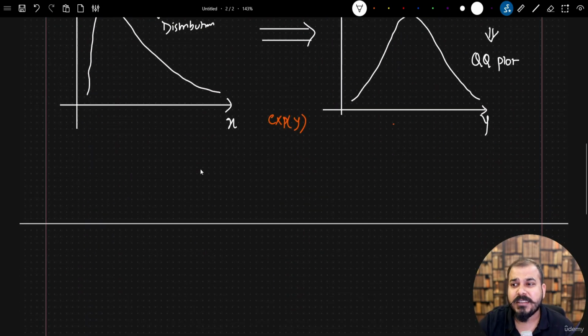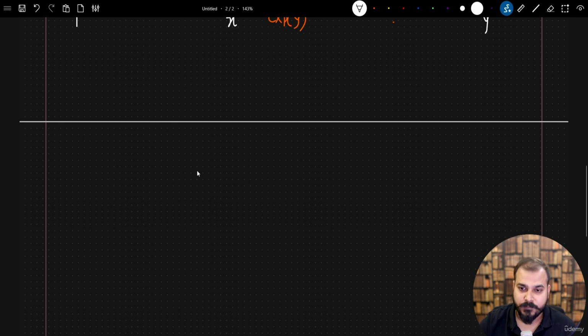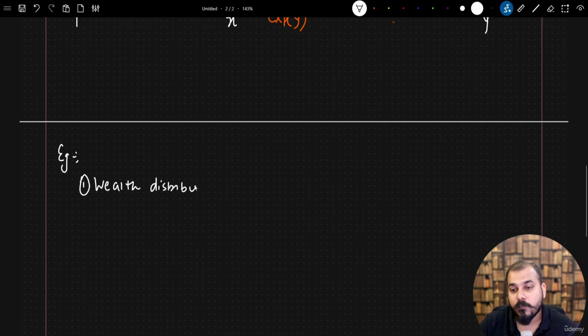Now let me talk about some examples. The first example, which definitely follows a log normal distribution, is the wealth distribution of the world.